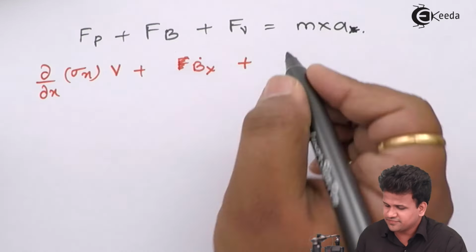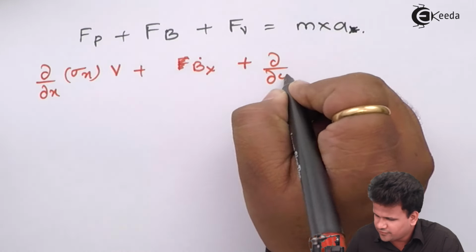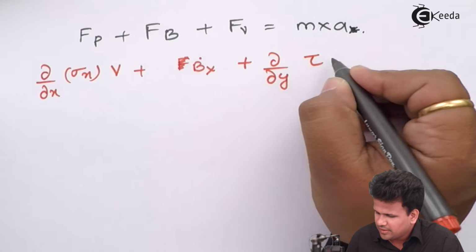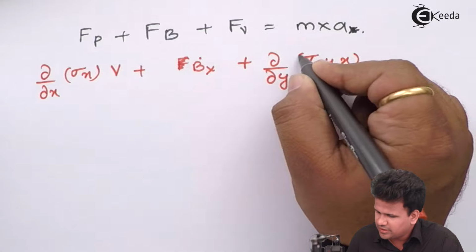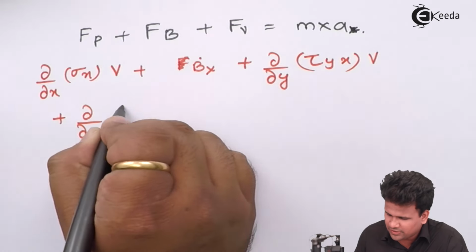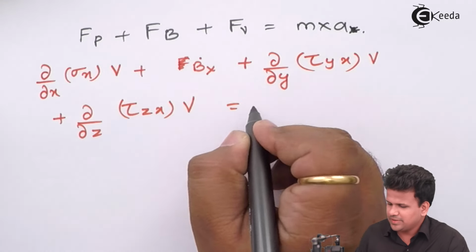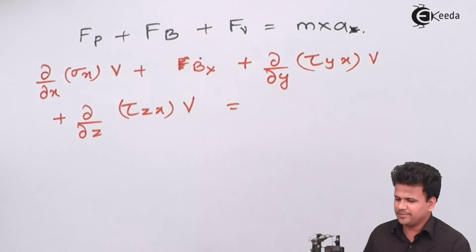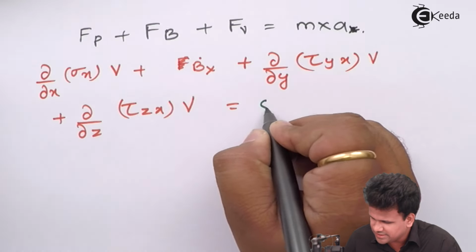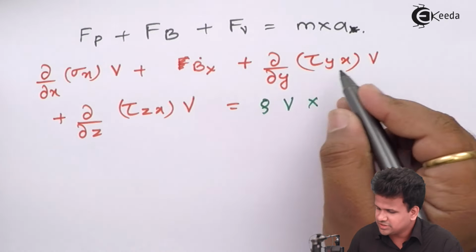Plus we'll have the viscous force along the x direction, so this is dou by dou y of tau of y plane x direction into volume, and along with that we have dou by dou z of tau of z plane x direction into volume, which will be equal to mass into acceleration. Let us write this as density into volume, which is the mass, into acceleration along the x direction.